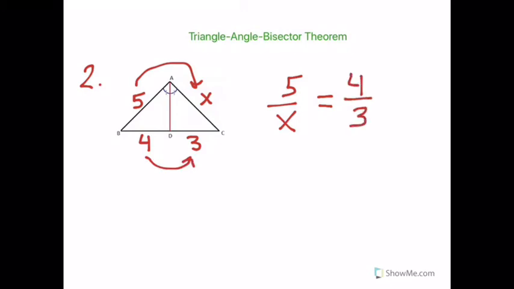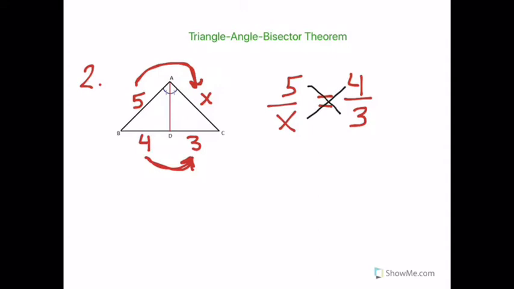That might really help you to draw in these arrows. 5 over x going from left to right, and then 4 over 3 going left to right at the bottom for that third side. Right, cross multiply.